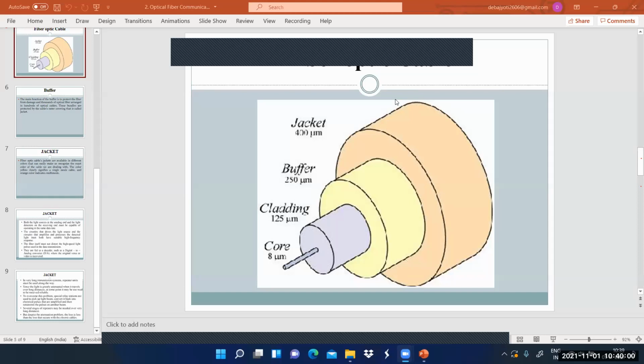For the case of optical source, you can use LED (light emitting diode) and semiconductor laser. Okay, this is for the optical source. And for the case of optical detector, can you tell me what device you will use?